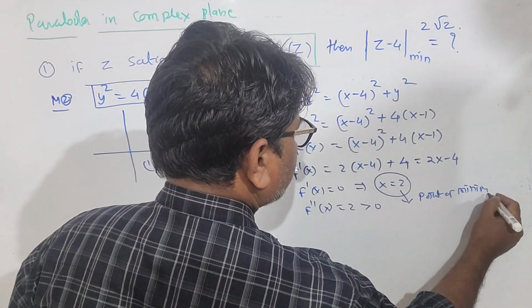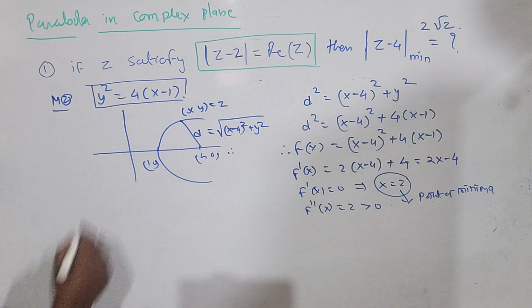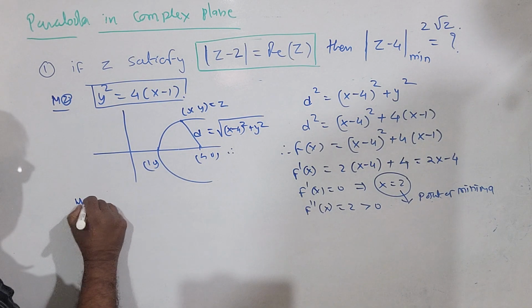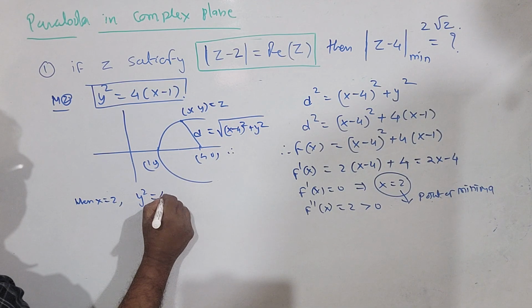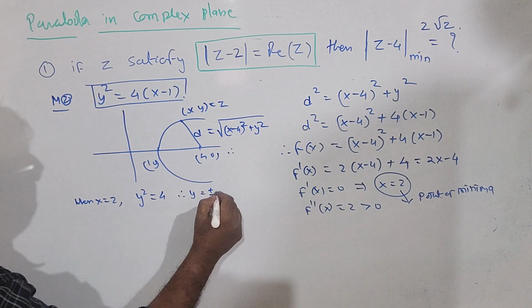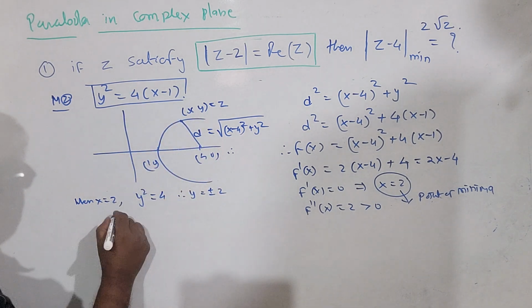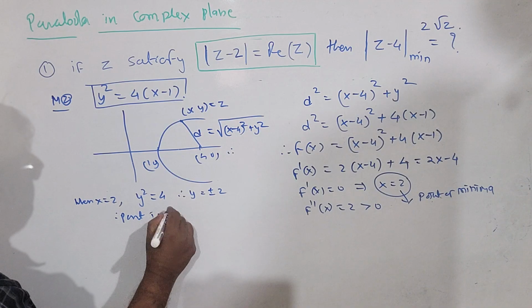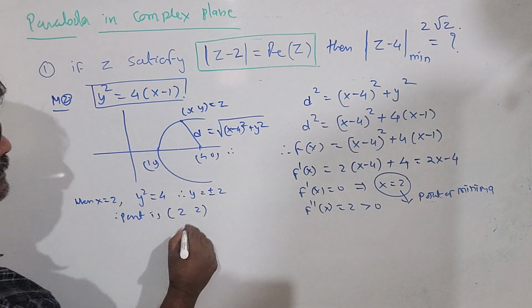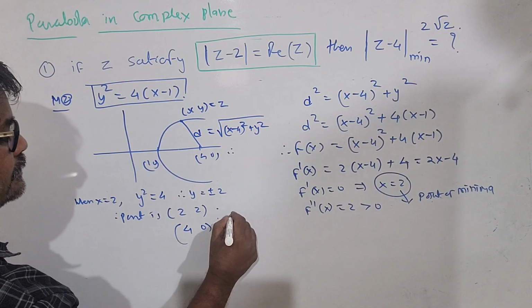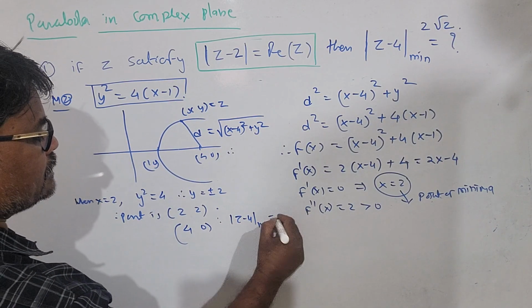That is the minimum distance we can find out. When x equal to 2, y square equal to 4, that is y is equal to plus minus 2. So here we can take it as 2. The point is (2, 2), which is at minimum distance from (4, 0), and therefore the minimum distance is 2 root 2.